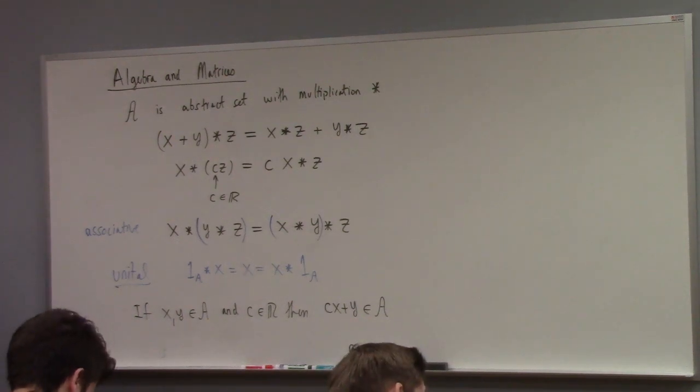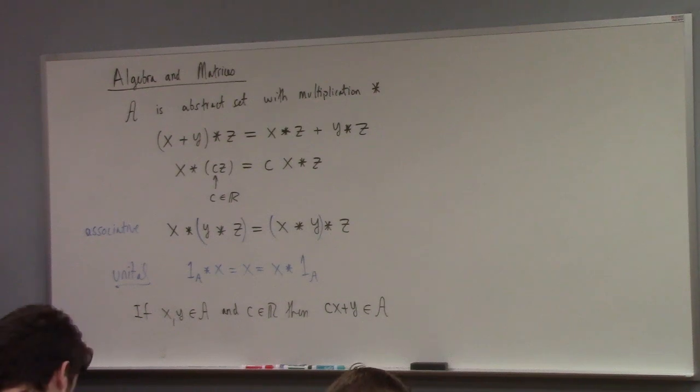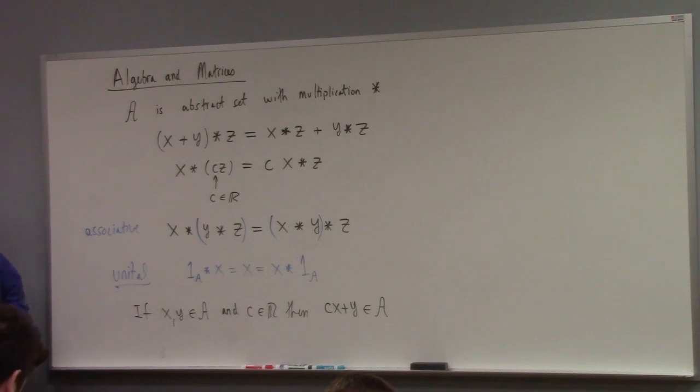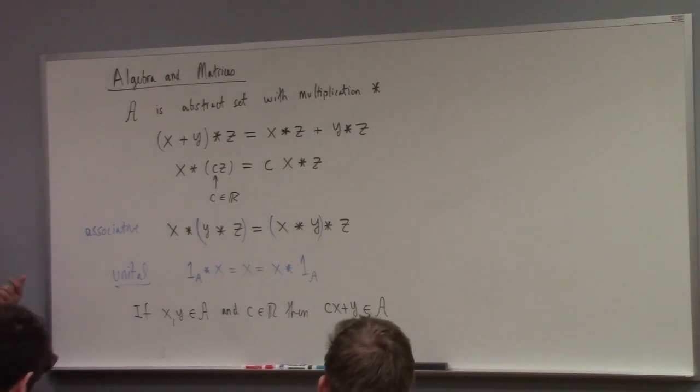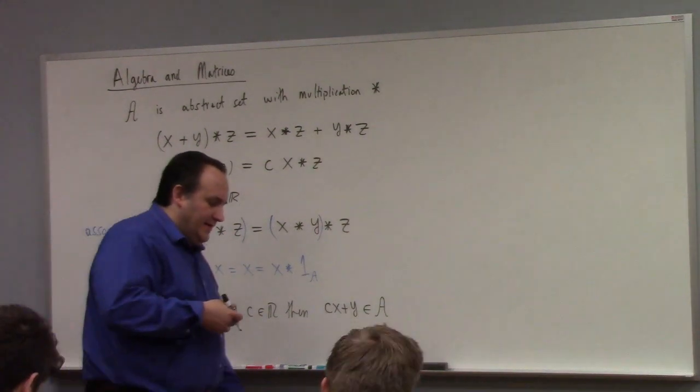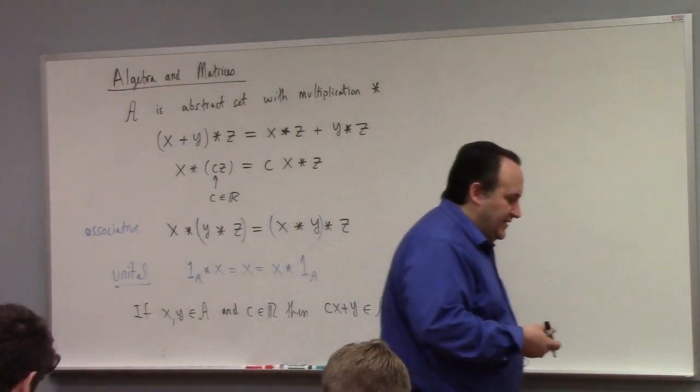A vector space is a space in which you have scalar multiplication and vector addition, and it satisfies laws like we've seen in Rn. So another way of summarizing everything I'm telling you at the moment is an algebra is a vector space paired with a multiplication. I'll repeat that. An algebra is a vector space paired with a multiplication.